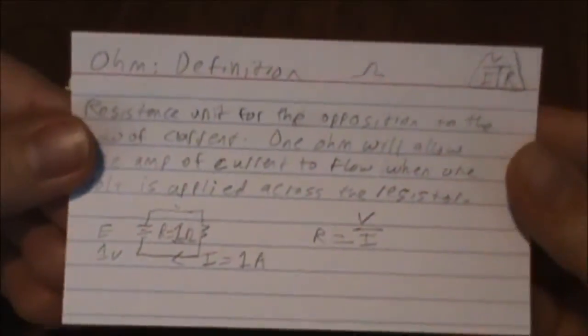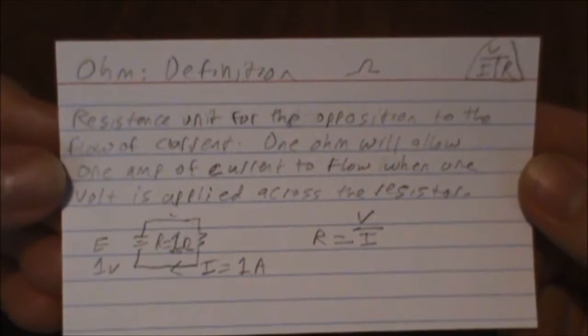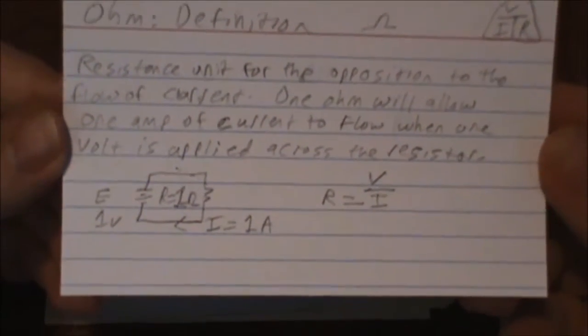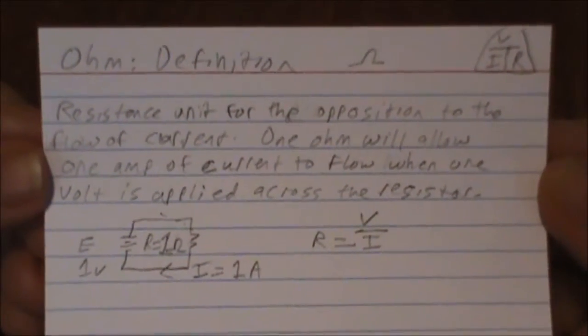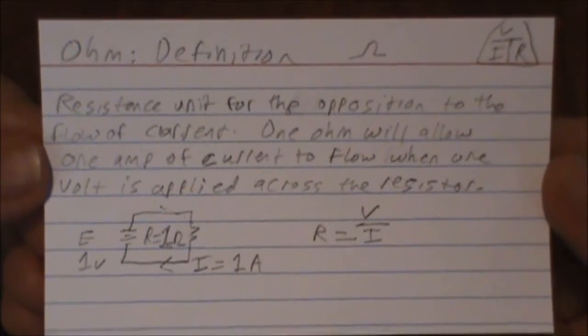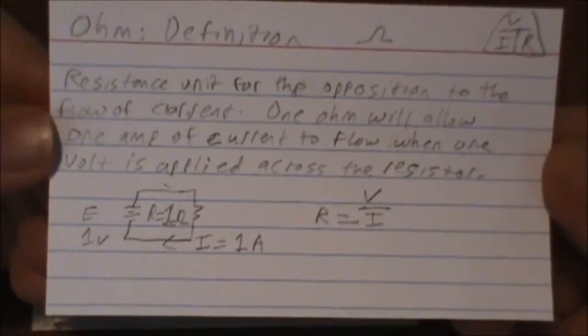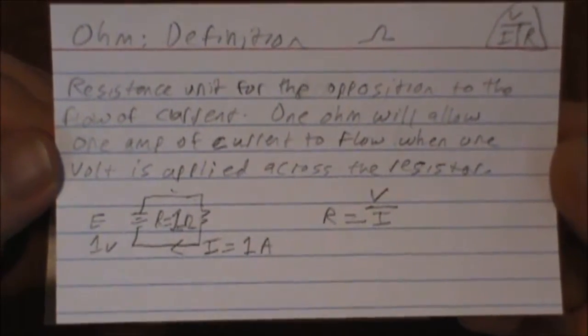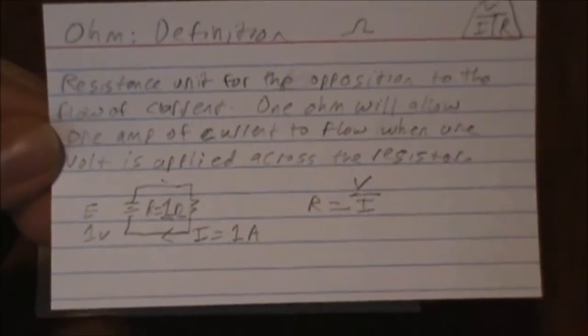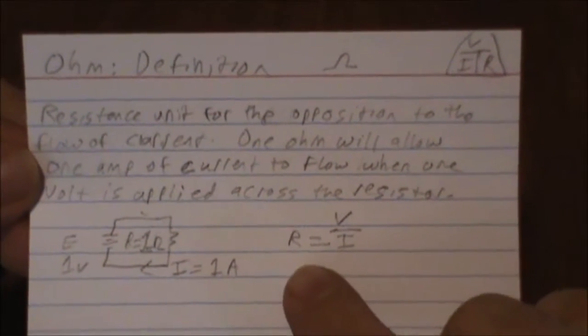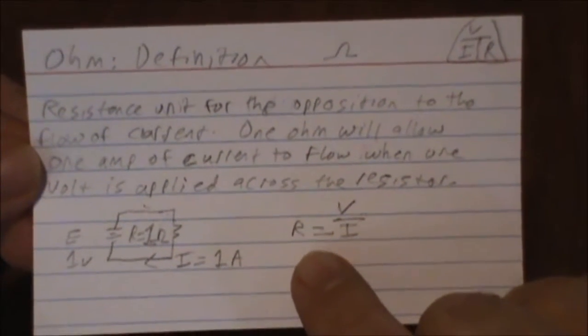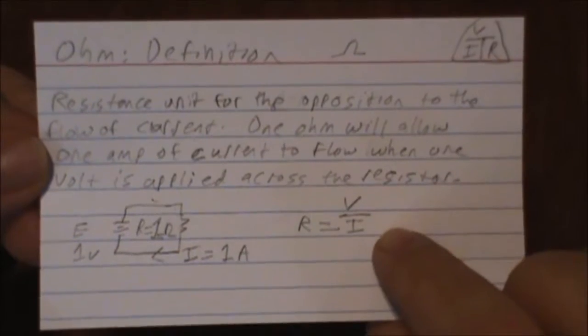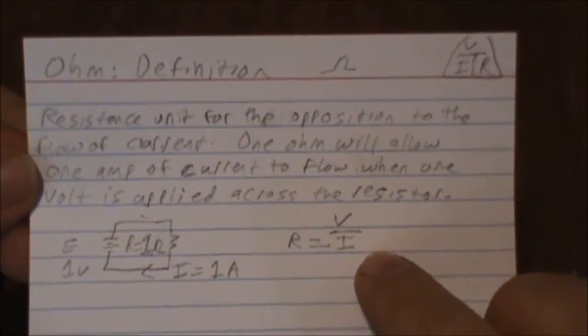The ohm. The ohm is the resistance. It is the resistance unit for the opposition to the flow of current. So 1 ohm will allow 1 amp of current to flow when 1 volt is applied across the resistor. And here's the other part of Ohm's law. Your R, your resistance, equals your volts divided by your current.